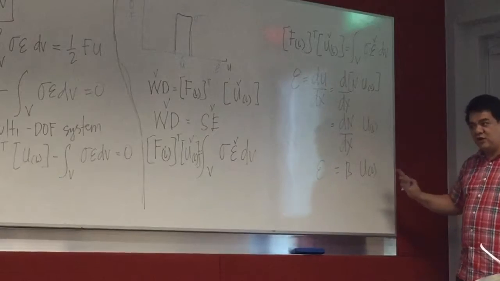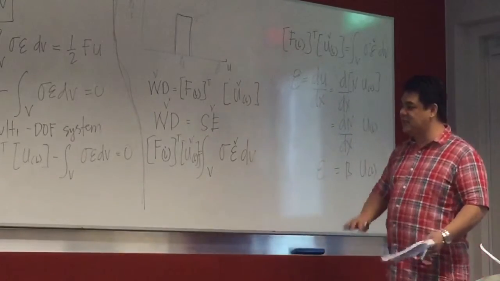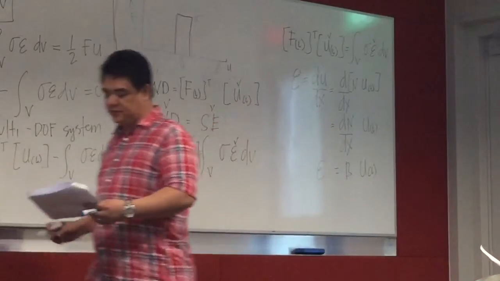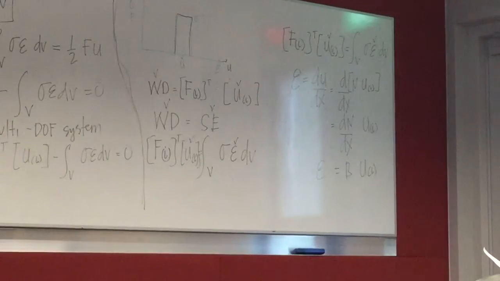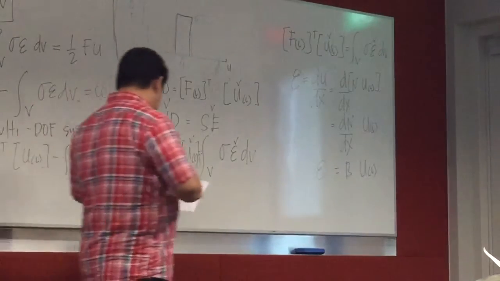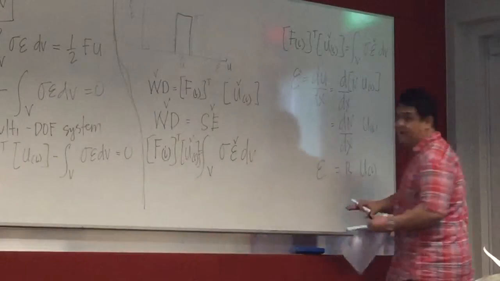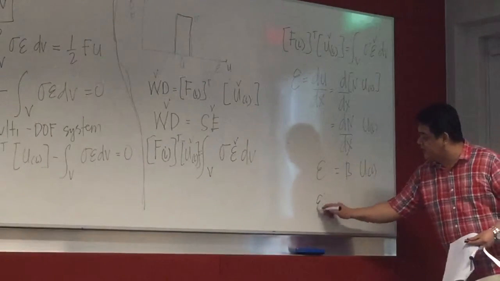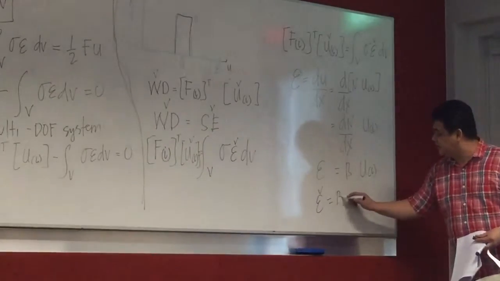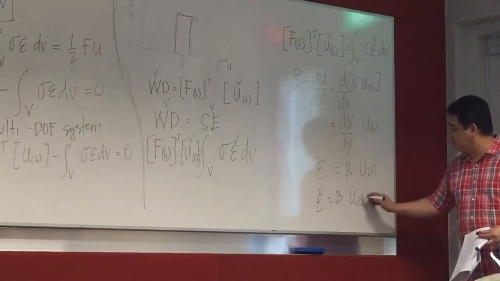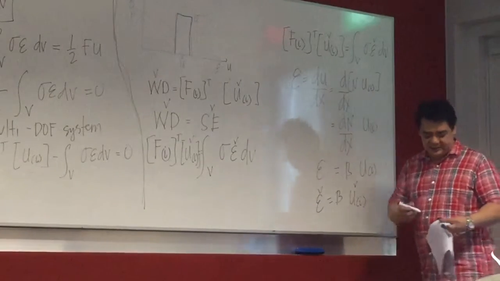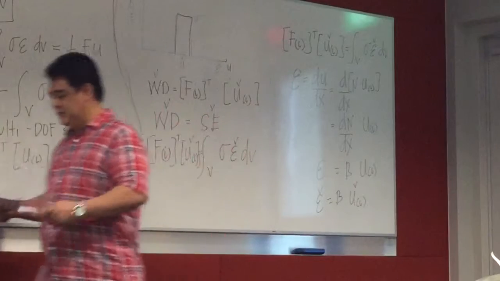Okay? Your virtual displacement is just an identity matrix, very simple. So if I want to have my virtual strain, that is also B, ui virtual. So, good?